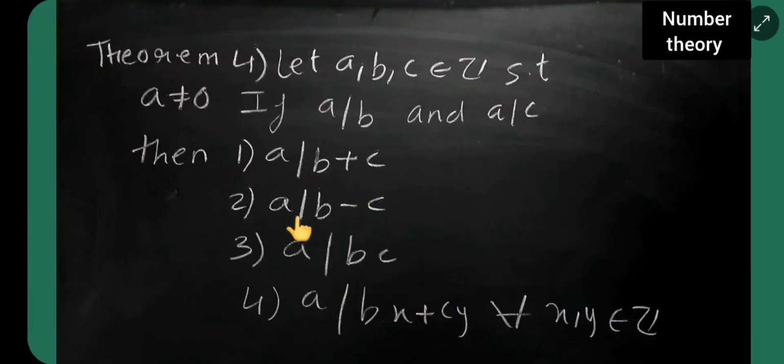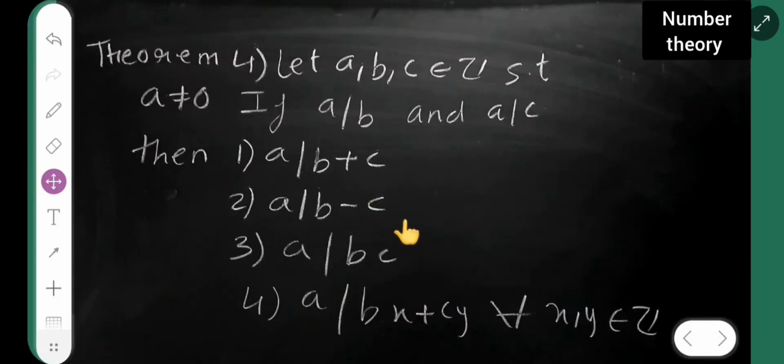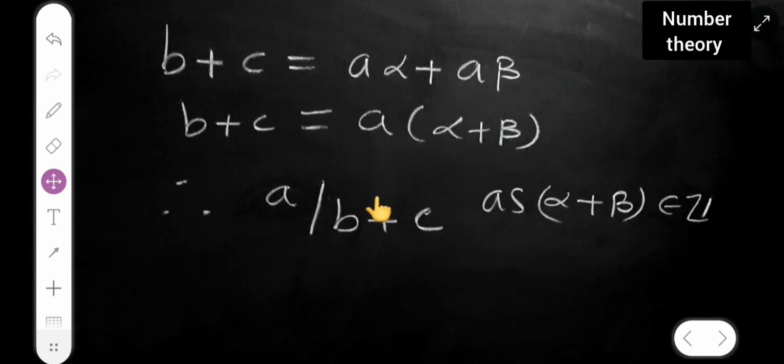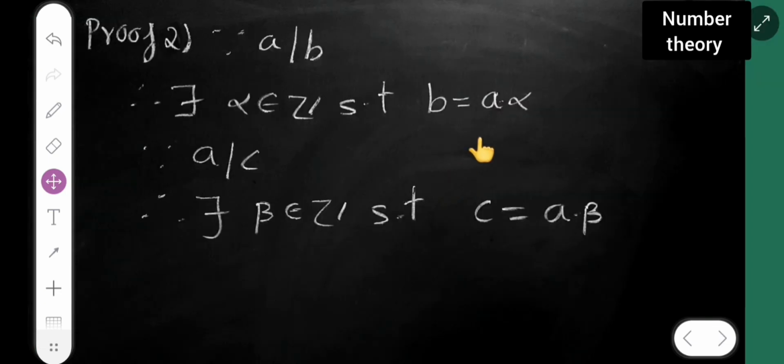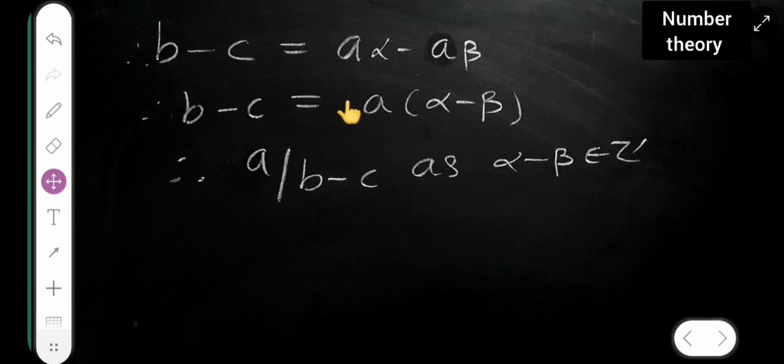We'll be doing the second one, that is a divides b minus c. So the first part will be the same. Okay. Since a divides b, therefore there exists alpha belonging to integers such that b is equal to a into alpha. Since a divides c, therefore there exists beta belonging to integers such that c is equal to a into beta. This part will remain the same in the second also. Now what is b minus c? Place the value of b, a alpha, minus what is c, a beta, right?